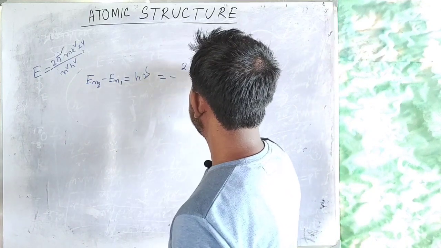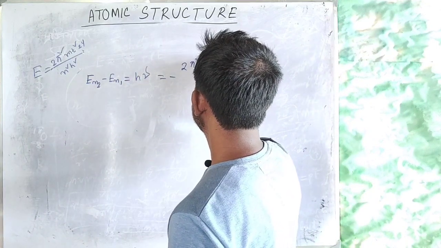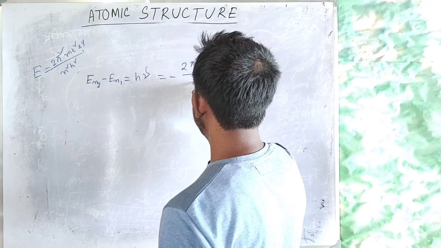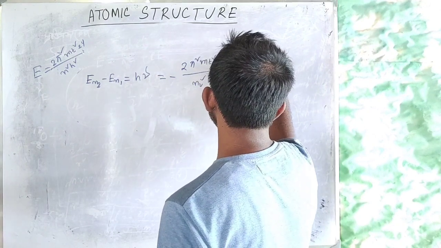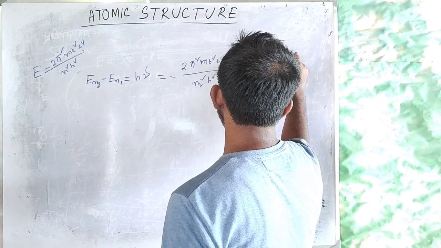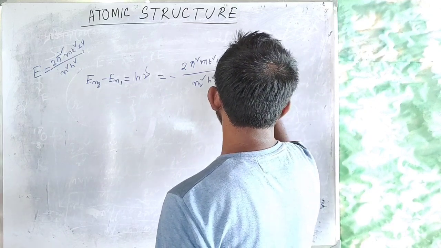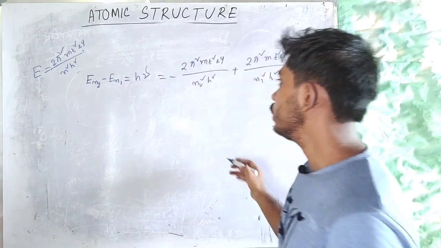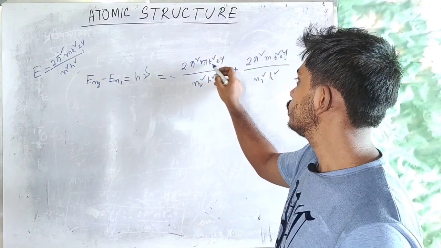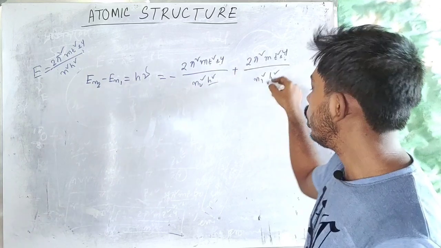minus 2π²mZ²e⁴/n2²h² plus 2π²mZ²e⁴/n1²h². So the common terms here are 2π²mZ²e⁴/h². These are the common terms.